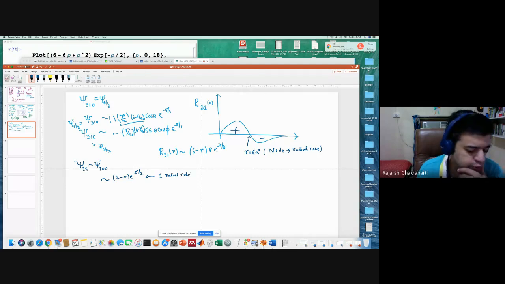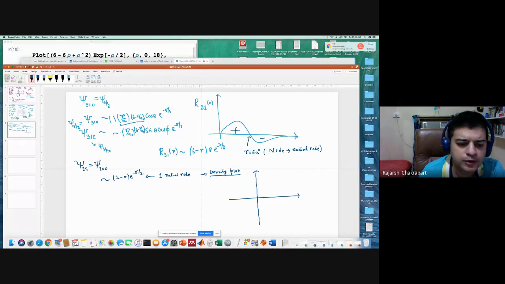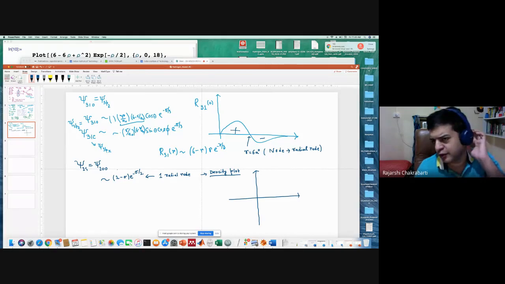And how do you draw the density plot for this? How do you do a density plot? We will take psi star and then we'll draw. No, density plot does not always mean probability density.